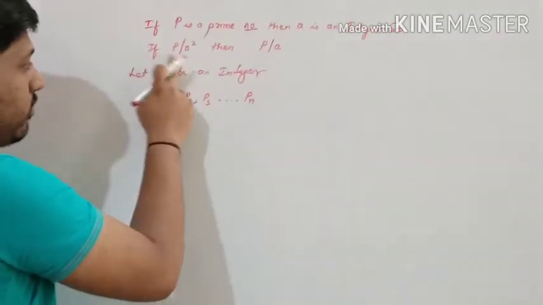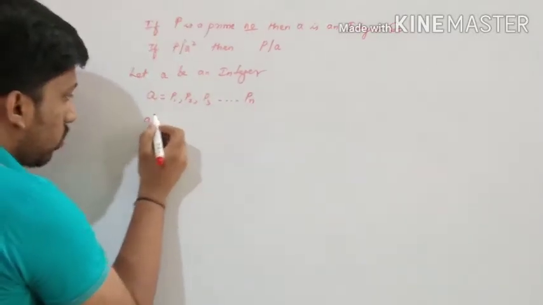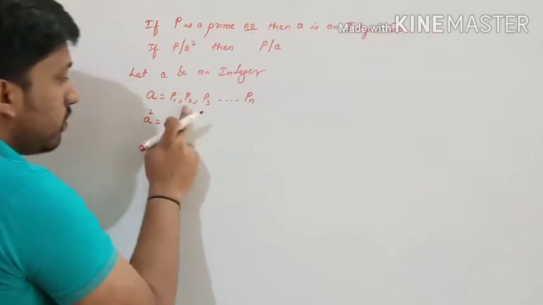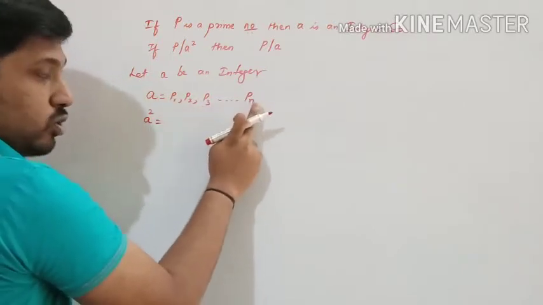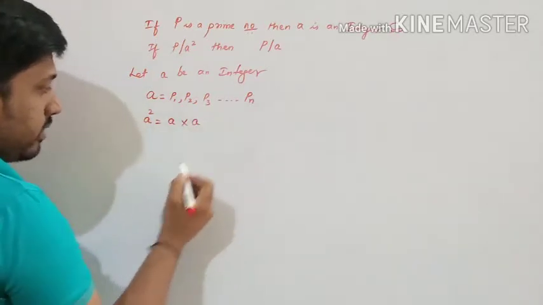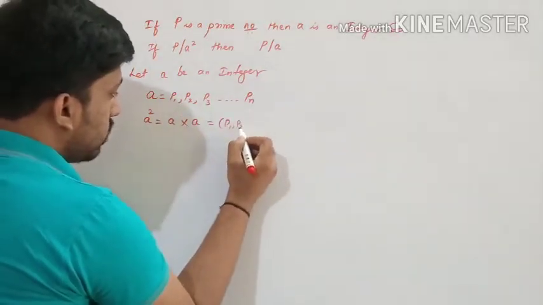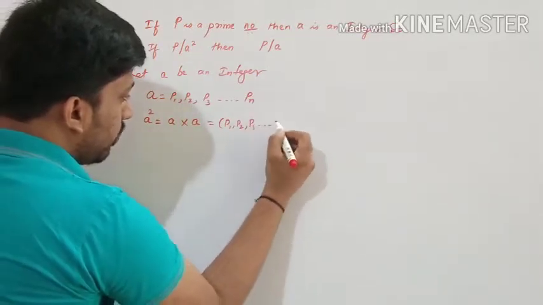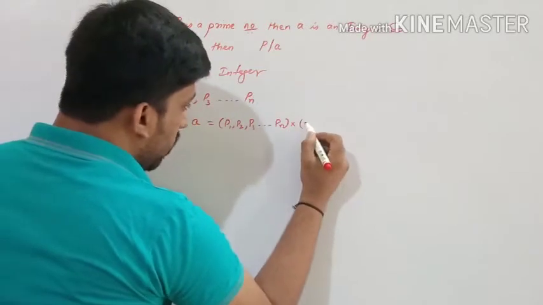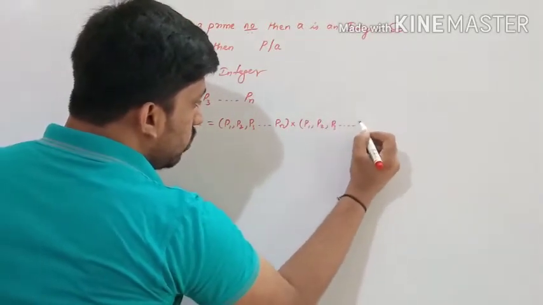Now the condition they have given is that p divides a square. So I am just going to square this. A square is nothing but a into a. So a is p1, p2, p3 and so on to pn, into the other a, again p1 into p2 into p3 and so on to pn.